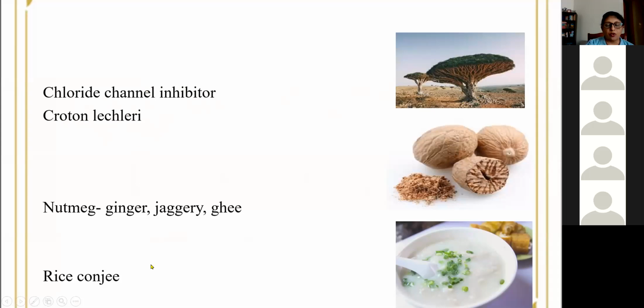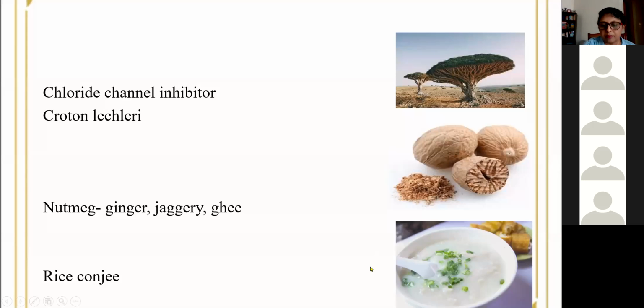Then what are the homemade remedies? This nutmeg. You know what nutmeg is? Mohammed Najib, what is nutmeg? People have just come and they are not answering.